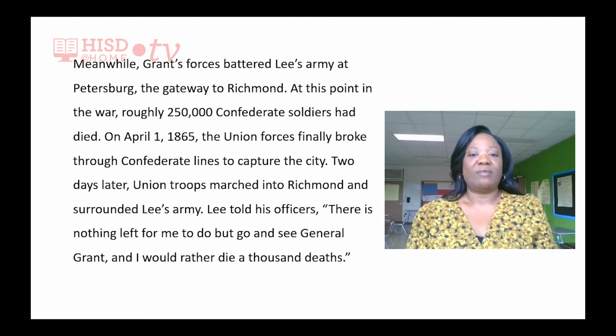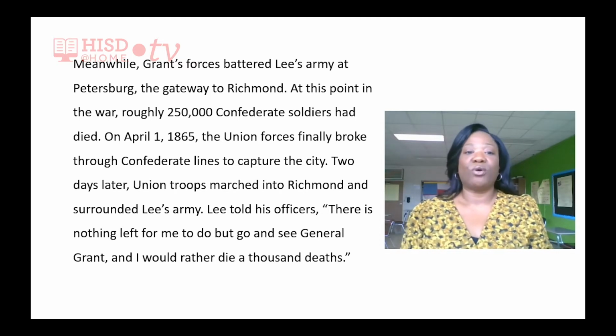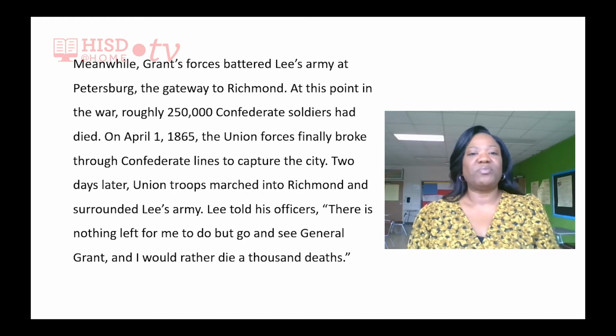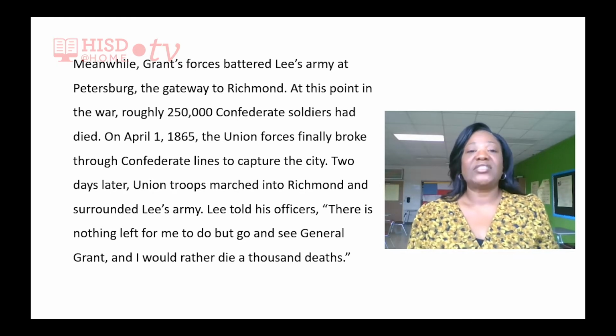On April 1st, 1865, the Union forces finally broke through Confederate lines to capture the city. 2 days later, Union troops marched into Richmond and surrounded Lee's army. Lee told his officers, "There's nothing left for me to do but go and see General Grant. I would rather die 1,000 deaths."